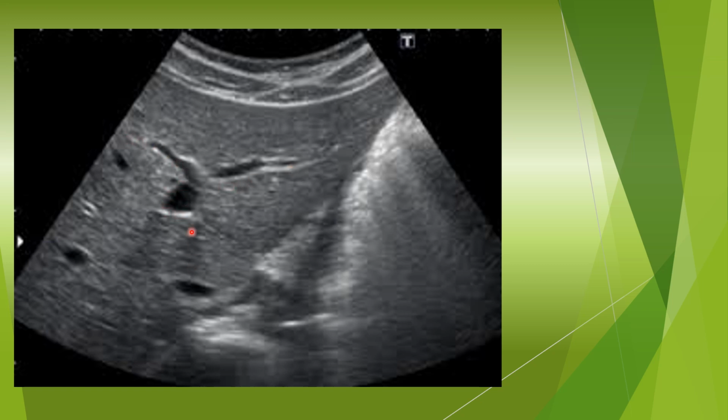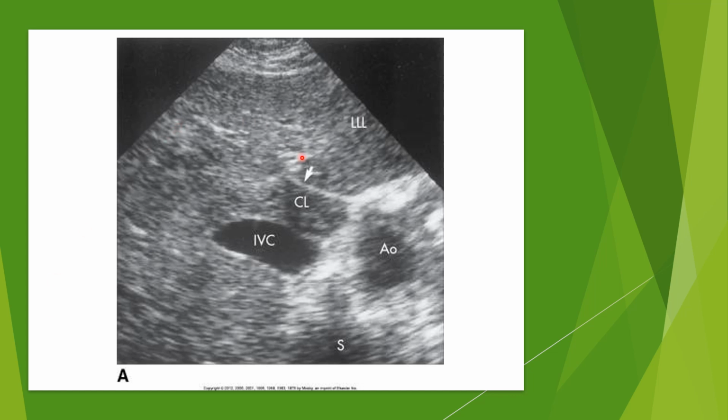We got right going off this way, left one bisecting those anterior and posterior parts of the lobe. Okay, and then we said caudate lobe, aorta, IVC, left lobe of the liver, and the ligamentum venosum should be in this picture as well. That's that bright linear focus between the left lobe of the liver and the caudate lobe.